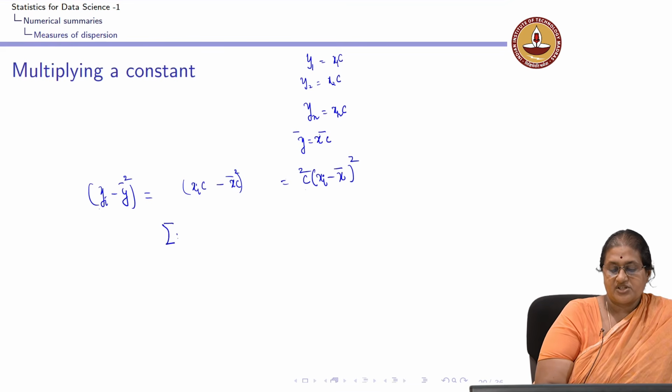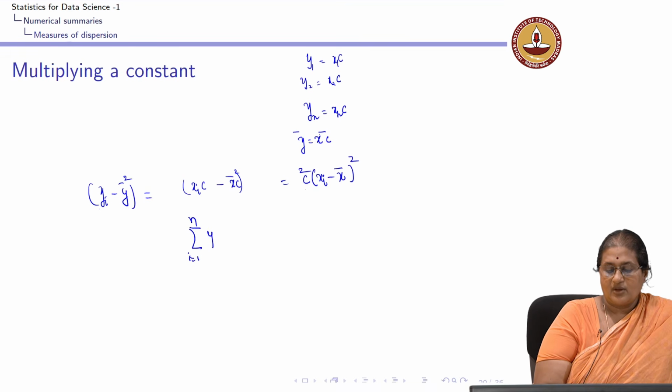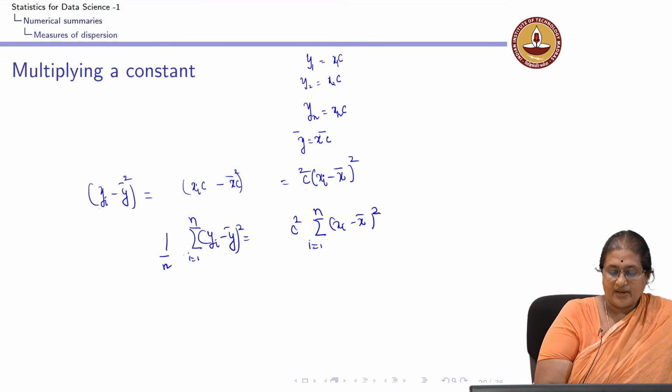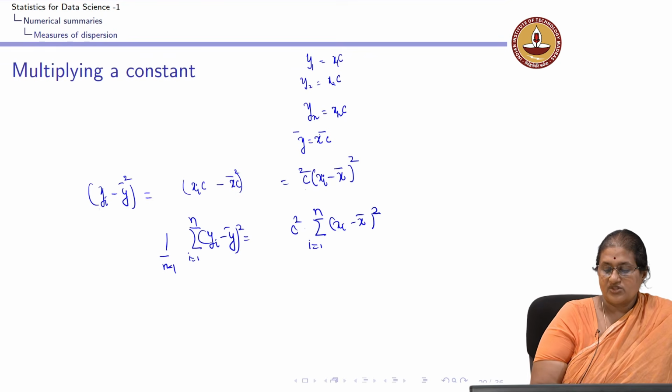So, summation i going from 1 to n, yi minus y bar whole square is going to be c square times summation i going from 1 to n, xi minus x bar whole square. 1 by n minus 1 is going to be the same.